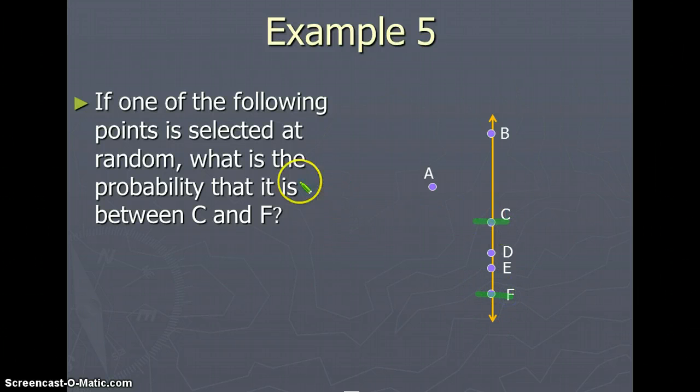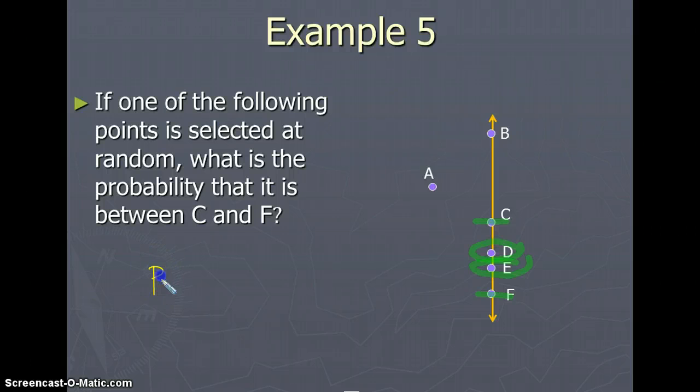So if we are picking a random point, we have 1, 2, 3, 4, 5, 6 possibilities, 6 points we can pick. We want to know the probability that it's between C and F, not including C and F, but between that. Looking at my events here, it looks like point D and point E fit that bill.